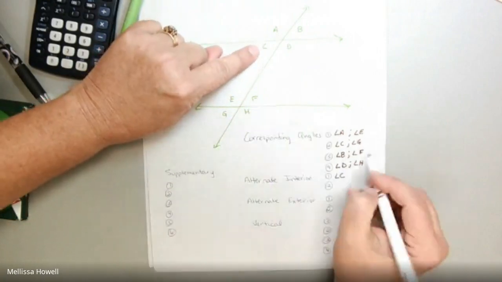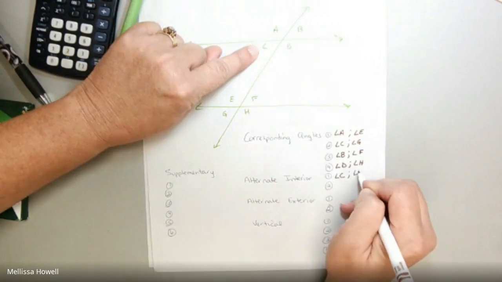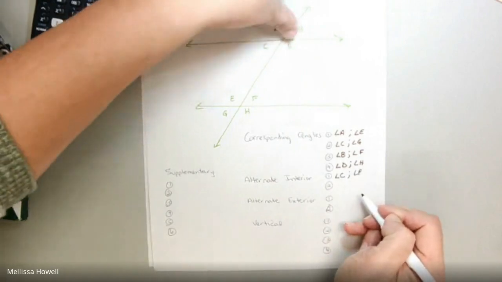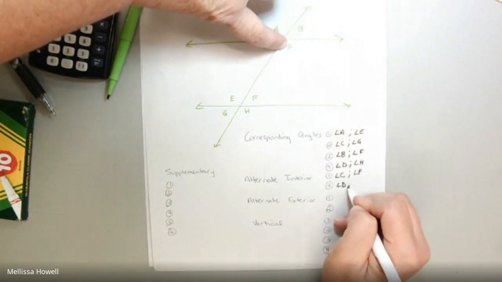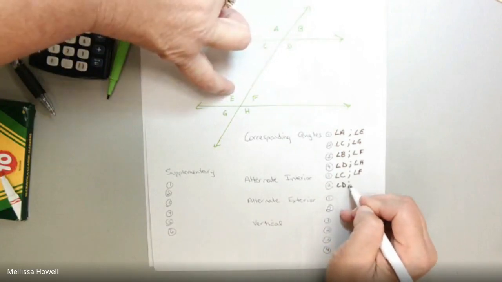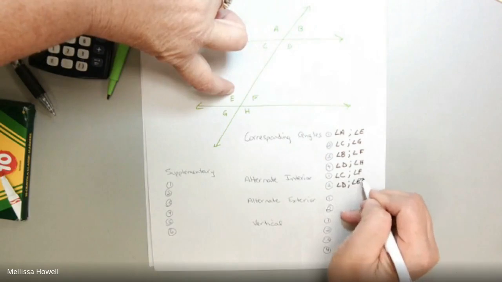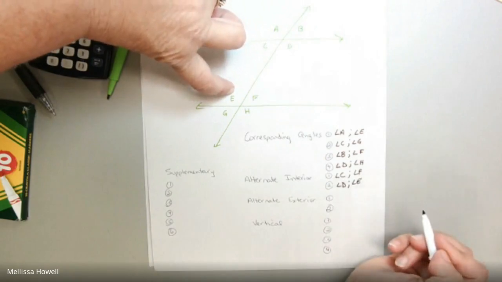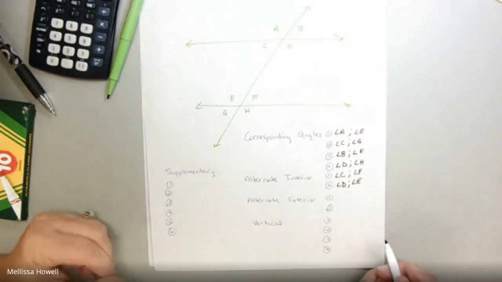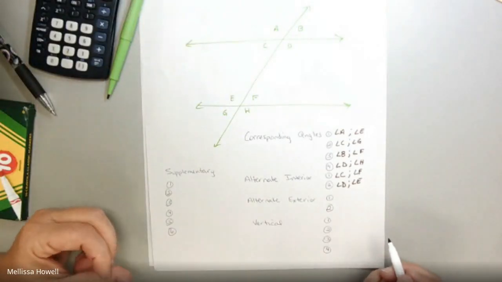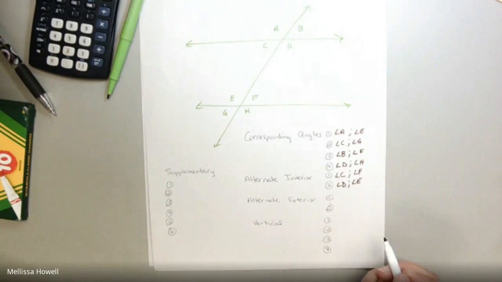Notice they're both acute. Once again, that helps too. Angle D is on the inside, and angle E is the opposite side of the transversal, still on the inside. Those are alternate interior. There's only 2 pairs of alternate interior.